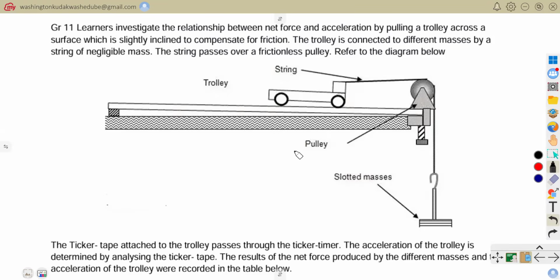So everything has been given within this diagram. This is our experimental setup. In your classes, you might have this physically, where you would have your trolley. You would also have an incline. Maybe you would use a table with a pulley on it, and you would have slotted masses and inextensible strings as well.